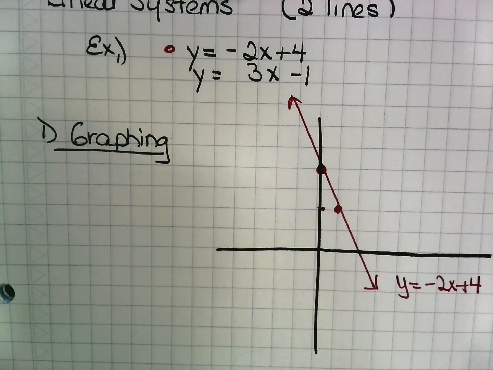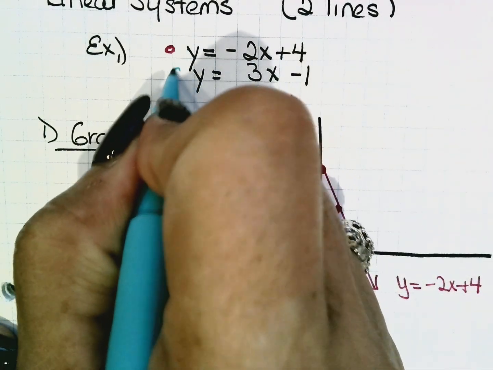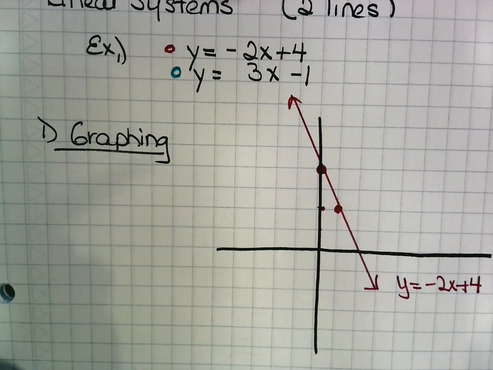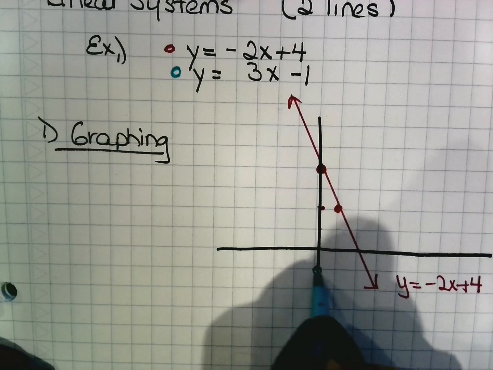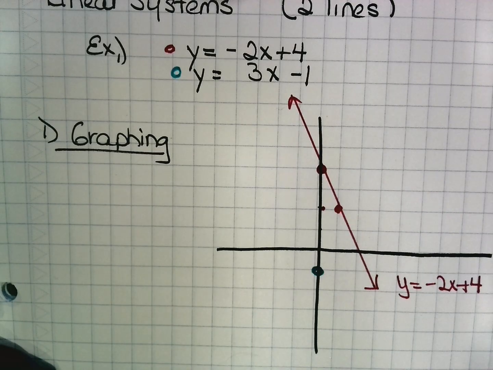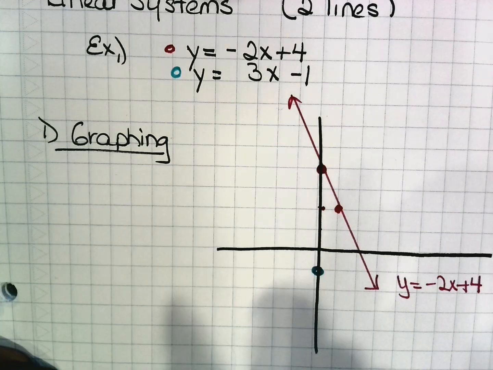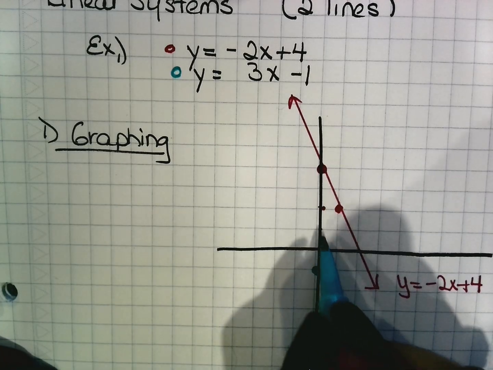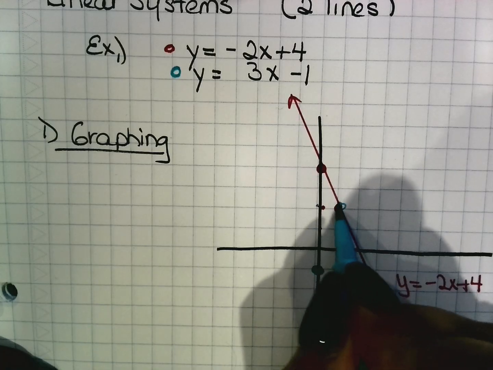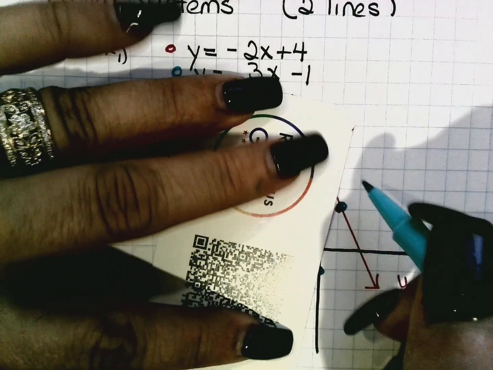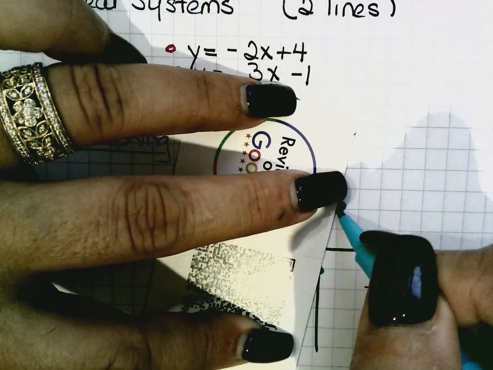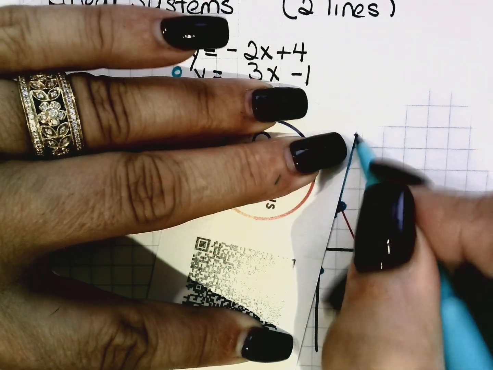And then for this line, let's do it in this color. My y-intercept is at negative 1, so at 0, negative 1, and my slope is 3. So I'm going to go up 3, 1, 2, 3, over 1. And once you have 2 points, you just connect your dots and you've got yourself a line.